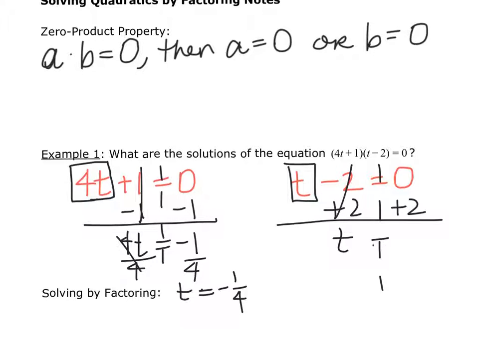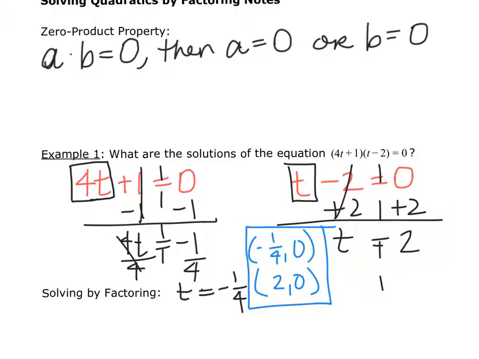So then t equals 2. So my solutions are going to be negative 1/4, 0, and 2, 0, because when y is 0, t is negative 1/4 and positive 2. Is that okay?